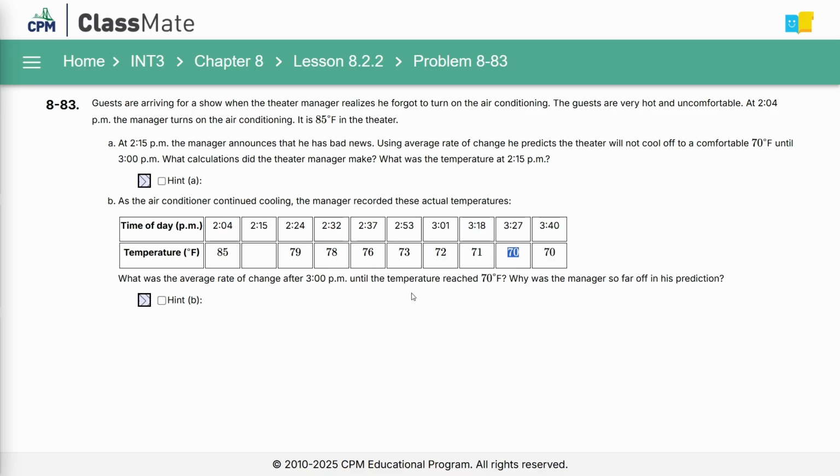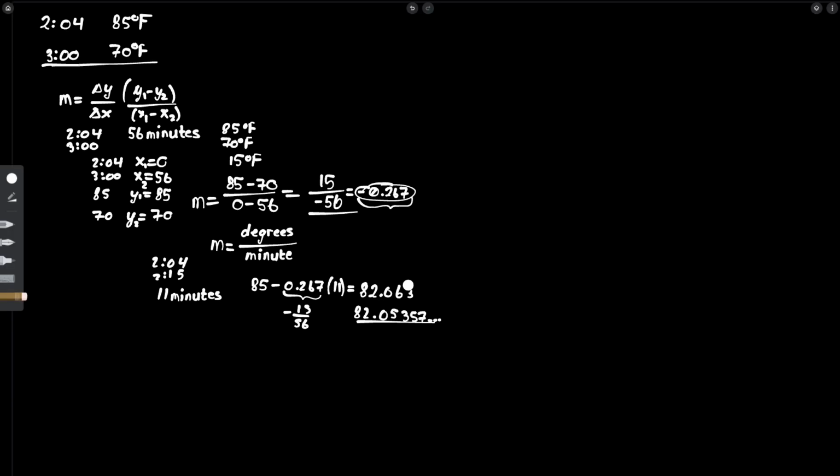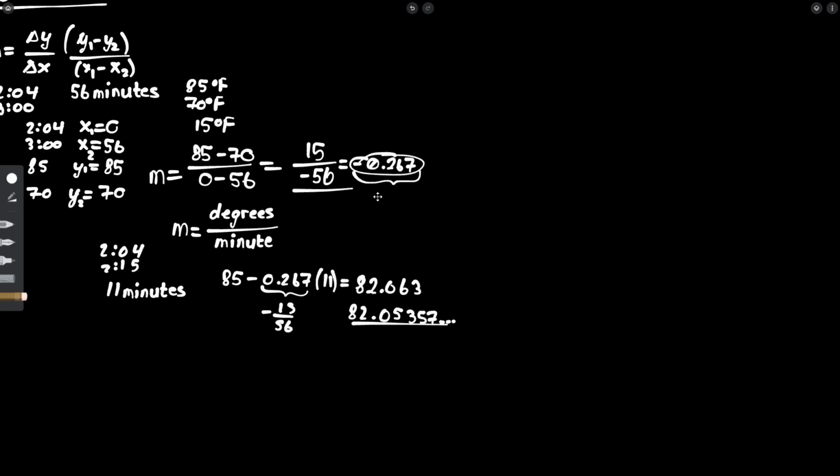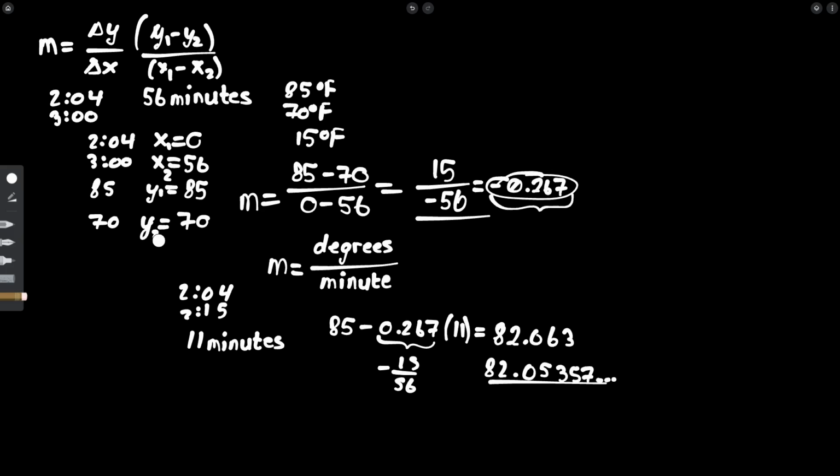So, this second part of the question is really quick to answer. He was wrong because he assumed that the temperature change was linear. When we look back here, we see that the manager thought that the temperature change was 0.267 degrees dropped every single minute.